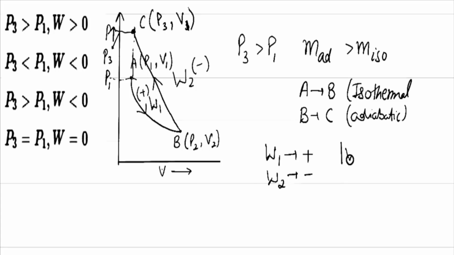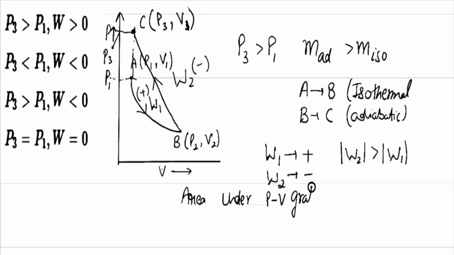And magnitude-wise, W2 is greater than W1 because the area under the PV graph BC is greater than the area under AB.